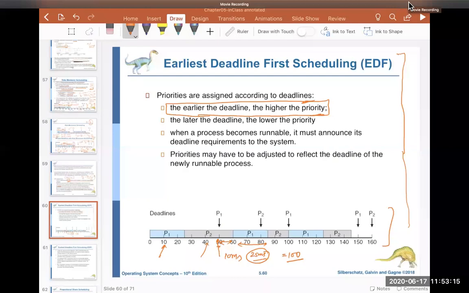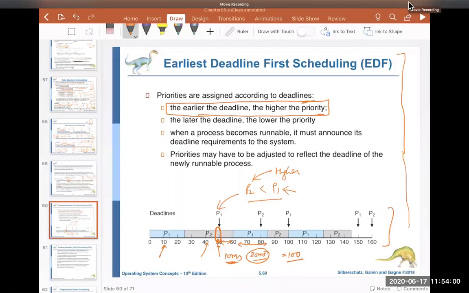So at this point, based on the deadline of the processes, the next preemption would be selected. At this time, P2's deadline is smaller than P1's deadline, and based on that P2 is assigned higher priority than P1. So no preemption has happened, and P2 continues to execute, and once it finishes, P1 starts, and we can see there are no deadline misses here.